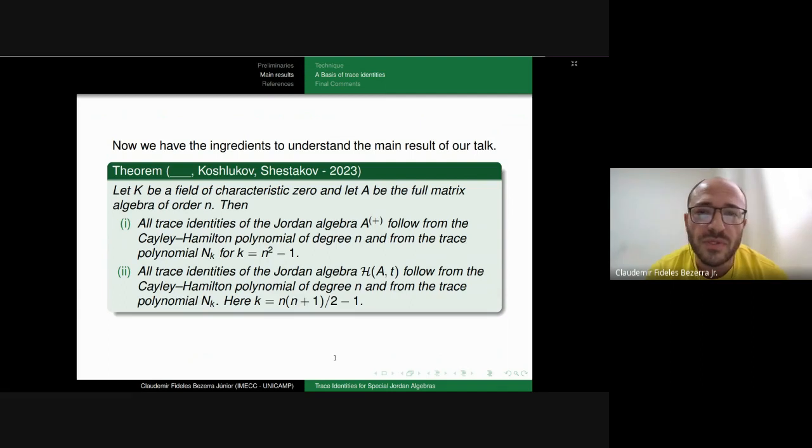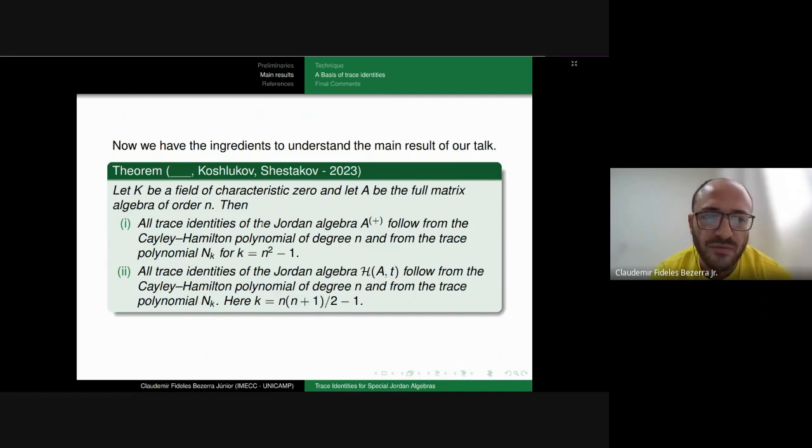This is the main result of this talk. We say that over a field of characteristic 0, the Jordan algebra of matrices equipped with the Jordan product has a basis.